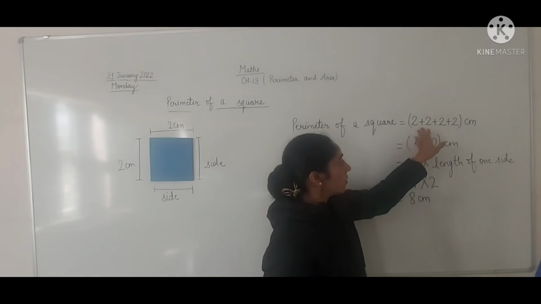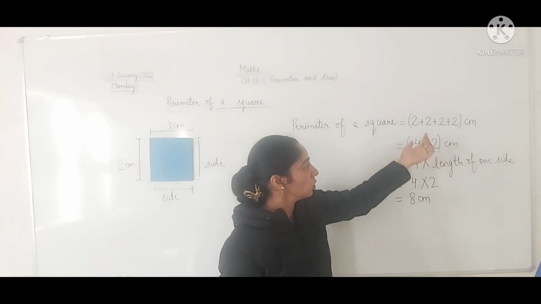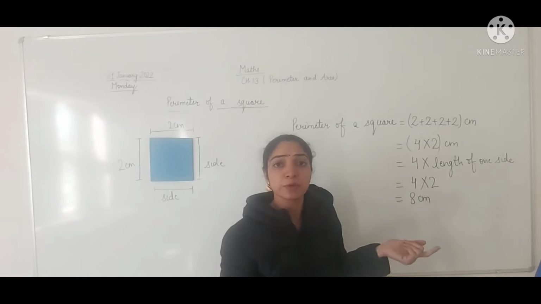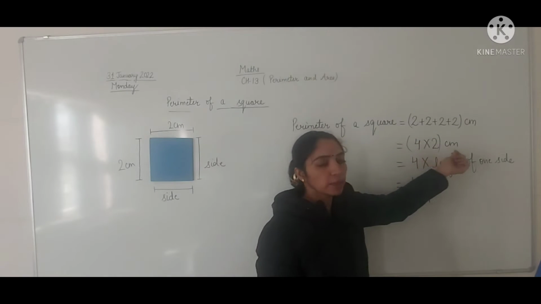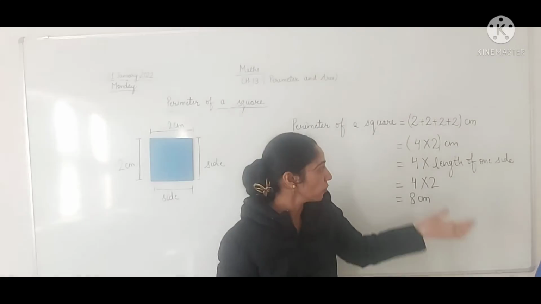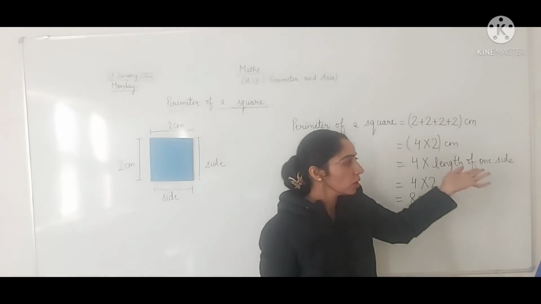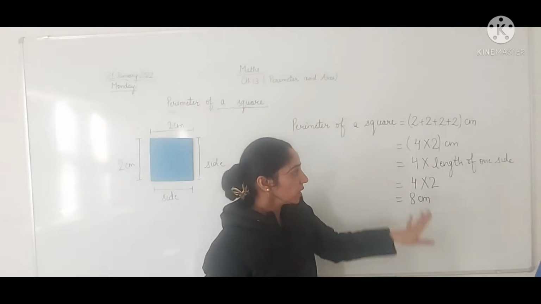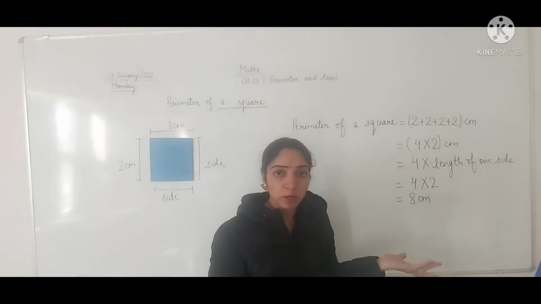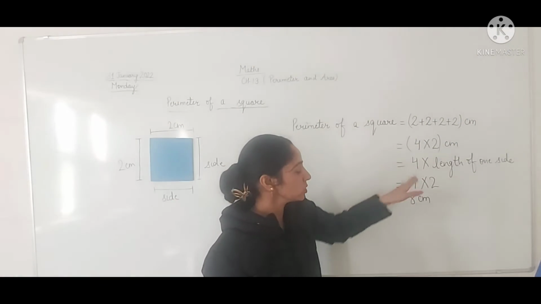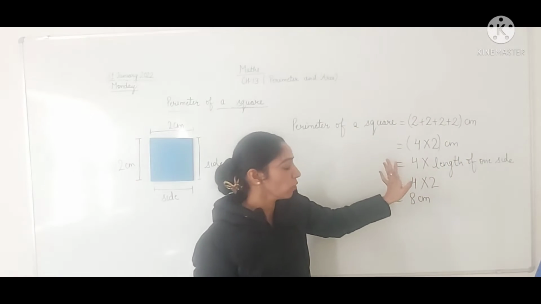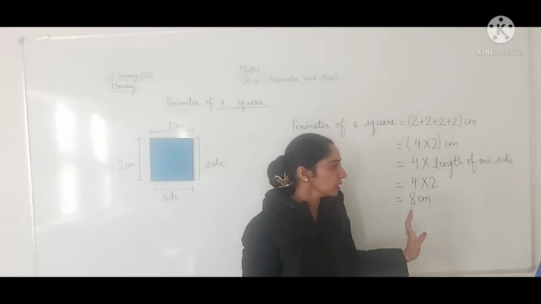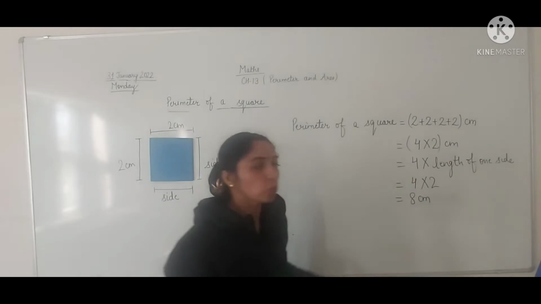Okay, so now we can clearly see that 2 is repeating how many times? 4 times. So we can write it as 4 multiply 2 centimeters. Okay, it means 2 is repeating 4 times. And you know that 2, what is 2?